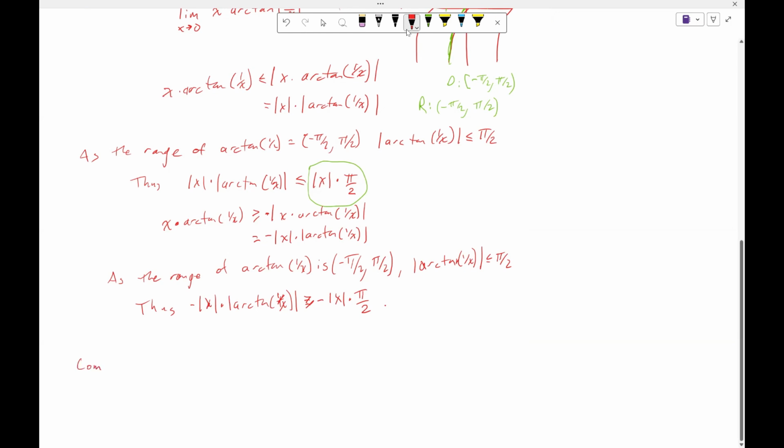Combining these, we get minus pi by 2 times the absolute value of x is less than or equal to x arctan of 1 over x, which is less than or equal to pi by 2 times the absolute value of x.